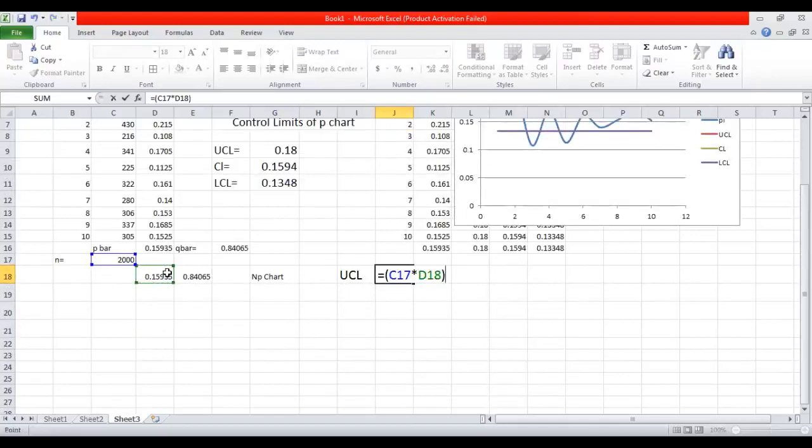The 3 sigma control limits for NP chart are N into P bar plus 3 into square root of N into P bar into Q bar. So this is the control limit for UCL of this NP chart. So we got the value as 368.